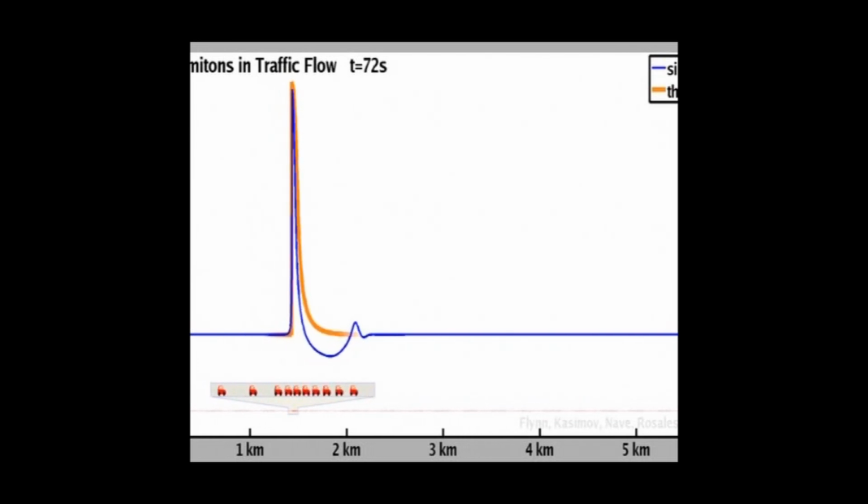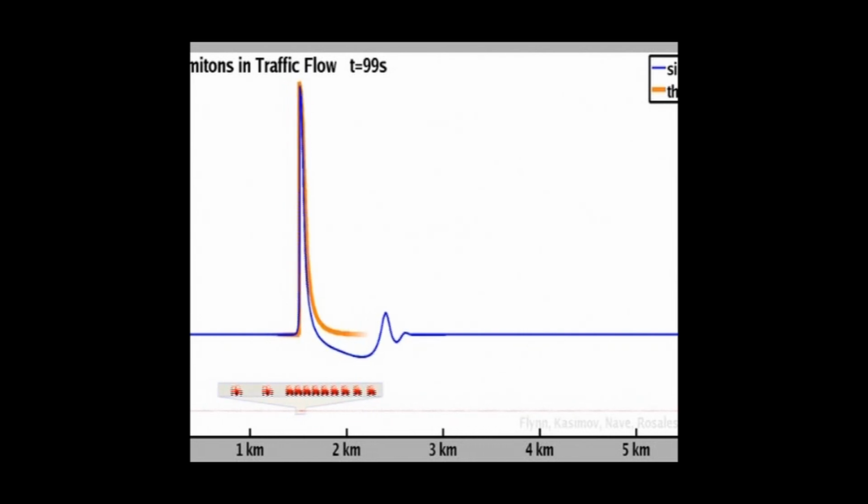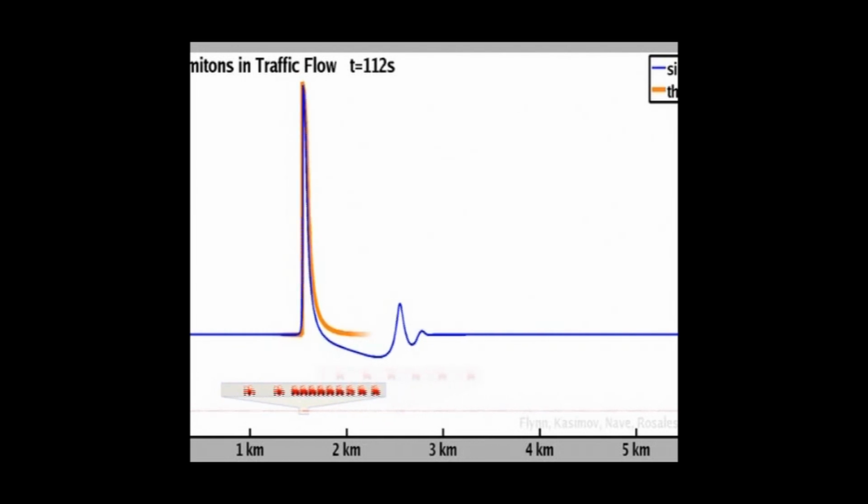The first video clip shows low density as density decreases with vehicles by the peak of the wave.